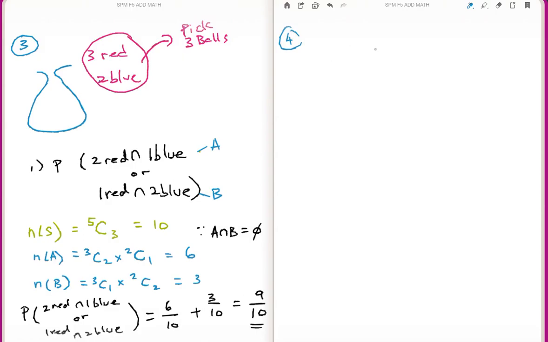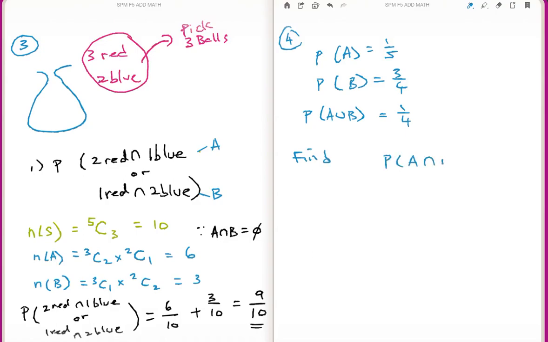So how you do is you're given 2 events. The possibility of getting A is 1 over 5. The possibility of getting B is 3 over 4, sorry. The possibility of A union B is actually 1 over 4. You're asked to find the possibility of A and B.